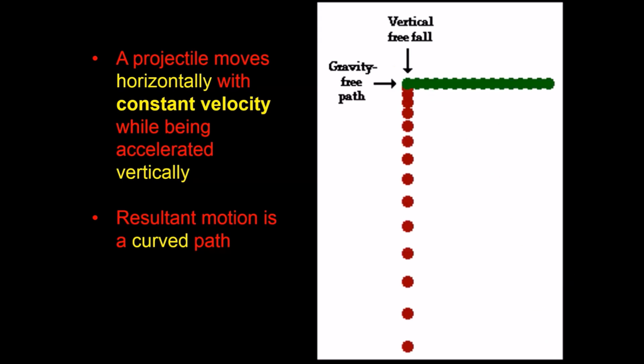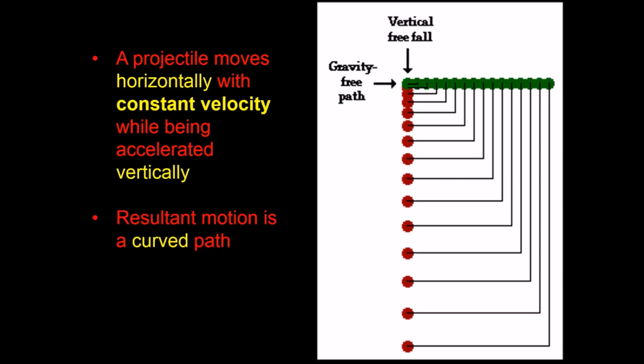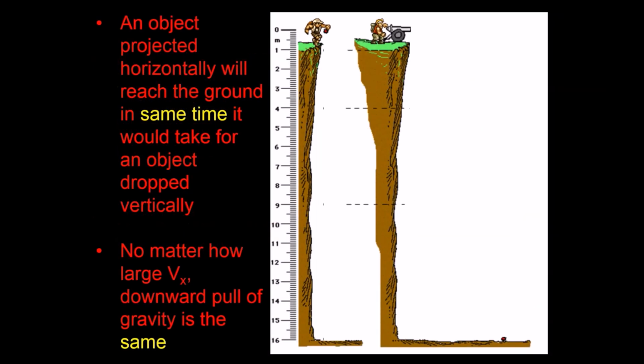And this has a very important result, and that's one you need to keep in mind and really convince yourself of. And that means an object that's projected horizontally, that means fired, say, from a cannon in this case, in the x direction, will hit the ground at exactly the same time as an object that's just dropped vertically.